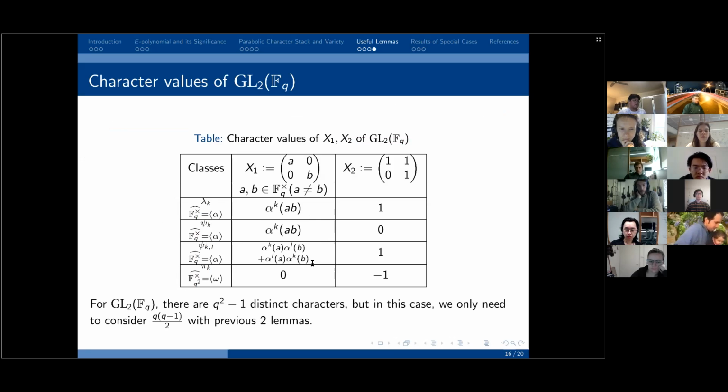And more explicitly, there are q squared minus 1 cases in GL2(Fq) for distinct characters. But by choosing these two elements to compute the counting polynomial, I only need to consider q times (q minus 1) over 2 cases. So I only consider nearly half of the characters of G.